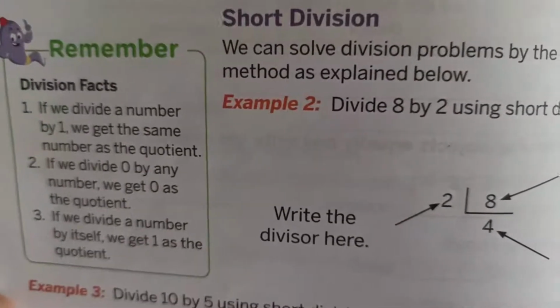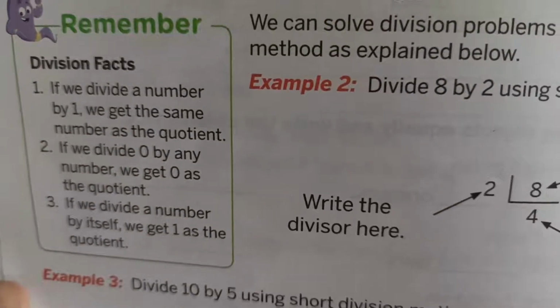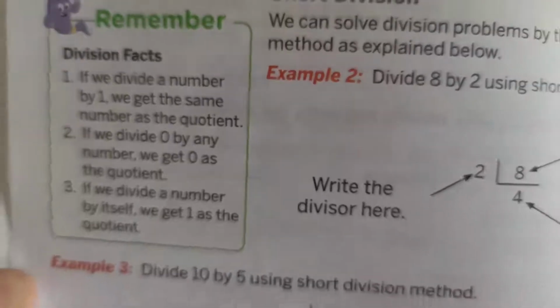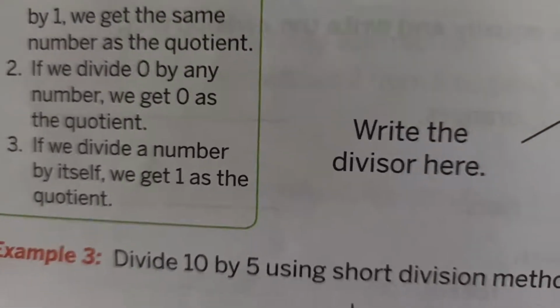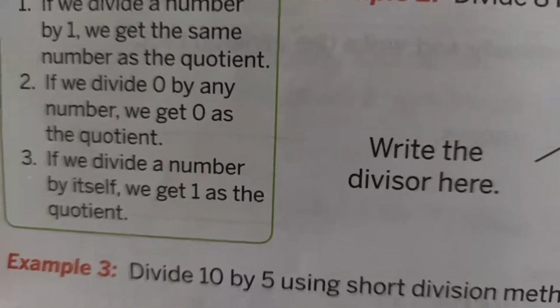Number 2: if we divide 0 by any number, we get 0 as the quotient. And number 3: if we divide a number by itself, we get 1 as the quotient.